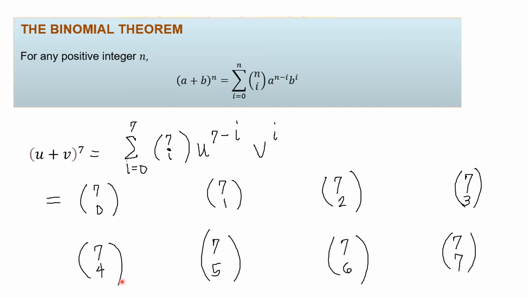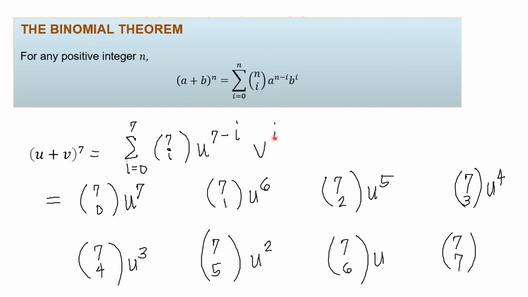And this is u raised to 7 minus i. So as we replace i starting from 0, we will notice that we can go straight to u raised to 7 because 7 minus 0 is 7. This will be u raised to 6, u raised to 5, u raised to 4, u raised to 3, u raised to 2, u raised to 1, and u raised to 0 is simply 1. Next, we observe that this is v raised to i. So i starts from 0 and it will end on 7.